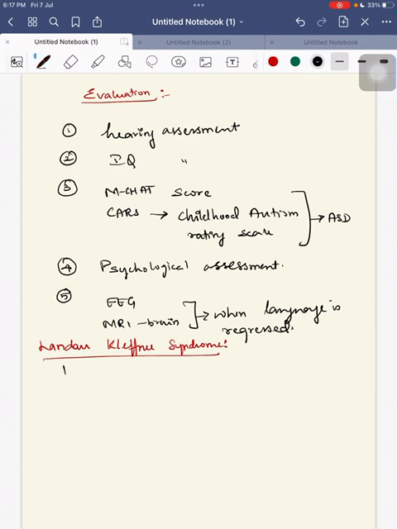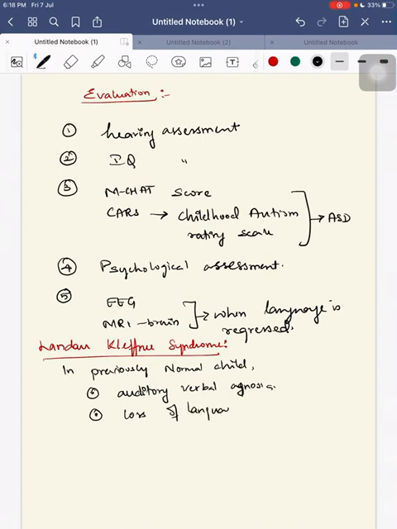A previously normal child can present with auditory verbal agnosia, with a loss of language skills, okay, and in 70% of the children it is associated with seizures.